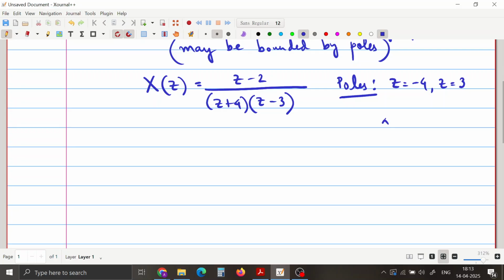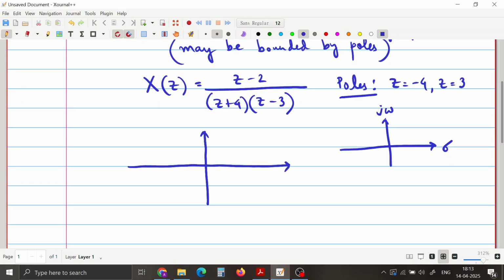Sometimes you will find a notation with sigma as the real axis and j omega as the imaginary axis. Also sometimes you will see the notation real part of z, Re of z, and imaginary part of z, Im of z. That's the real part and the imaginary part.